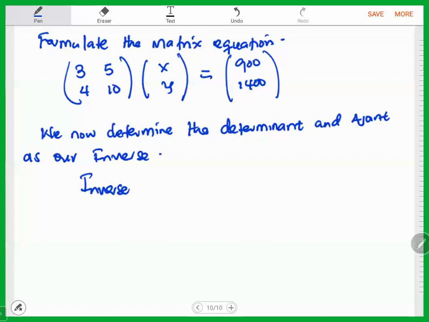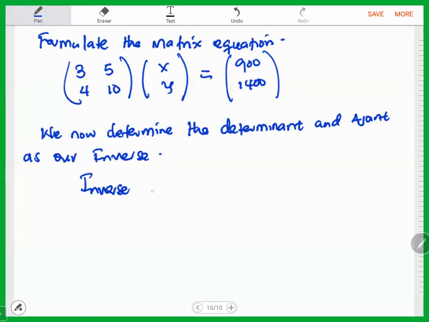Remember, we said for us to get the values of x and y, we multiply the inverse on both sides. For you to get the values of x, y, go ahead and multiply on both sides the inverse.